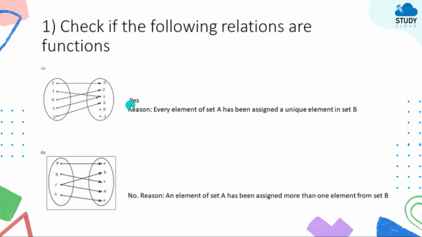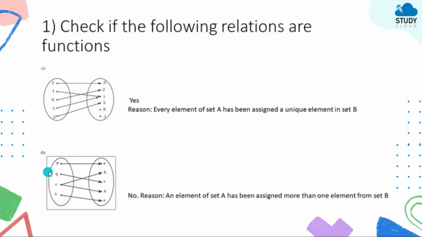Now this is a function because every element of A, as you can see, each and every element of the set A has been assigned a unique element in the second set B. See, nothing is missing or left over in the first set. So this is a function.